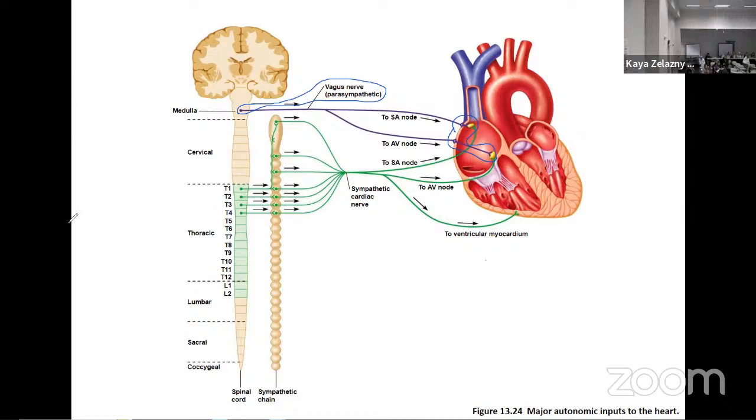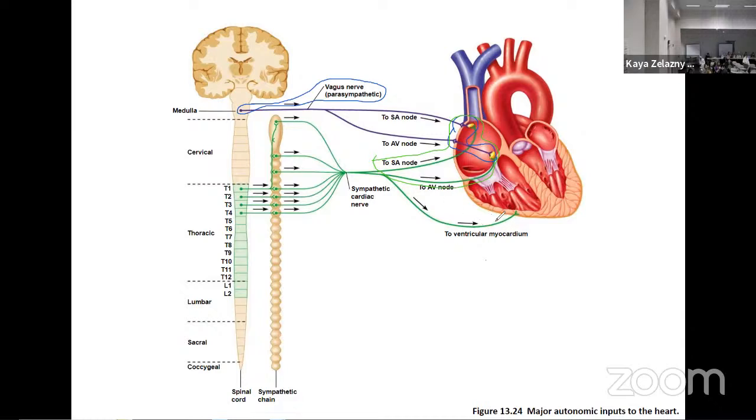Our sympathetic nerves are thoracolumbar in origin, so they're coming out of those T1 through L2 vertebrae, okay? And they go to those same places, right? So we can see exactly the same relationship to that SA node and the AV node, so they can also change your heart rate. But the sympathetic nervous system can do a neat extra trick.